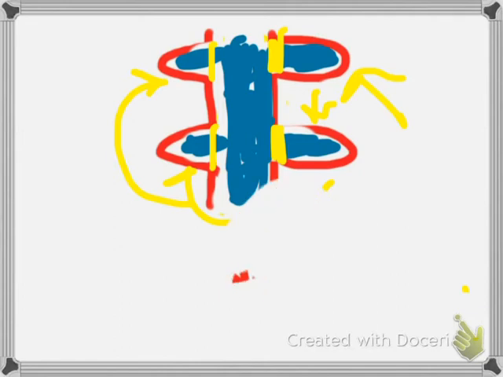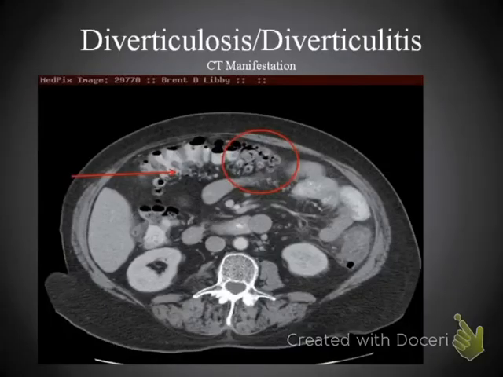That's very important to understand in relationship to what our images will look like. On this image we do see several bits of diverticular disease, diverticulosis. We're not really sure if it's diverticulitis. We'd have to look further at the patient's symptoms.